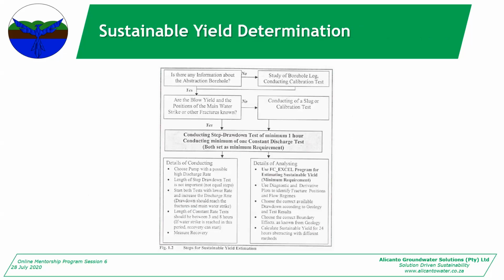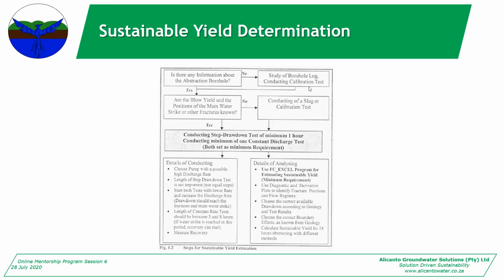And the typical way we do it in South Africa is through the FC program, which is the flow characterization program from Free State. This comes out of the report that Gerrit van Tonder and them wrote about aquifer testing or sustainable yield determination in fractured rock aquifers. So you start off, is there any information about the abstraction borehole?